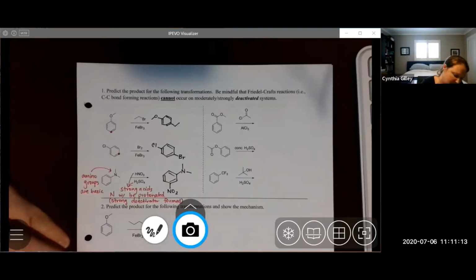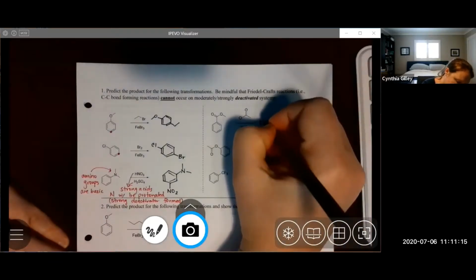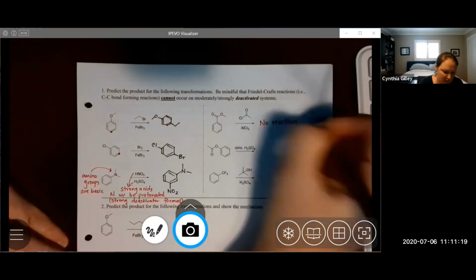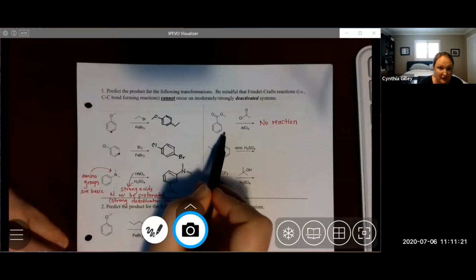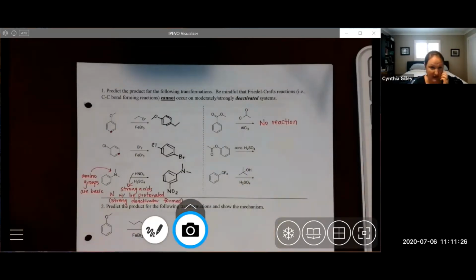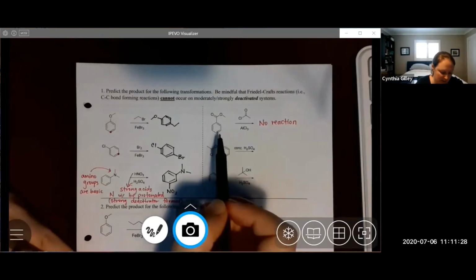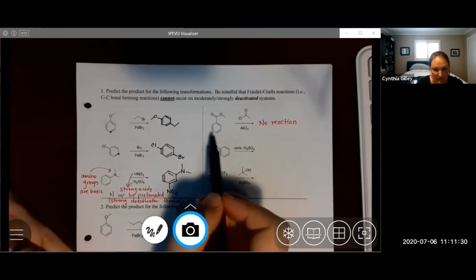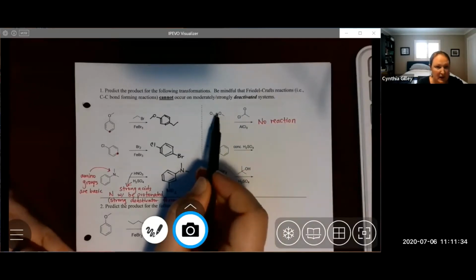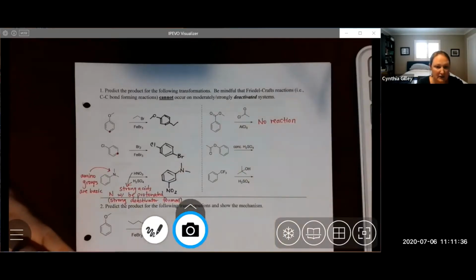So this will be no reaction. If it did form a product, the group would go in the meta position, because this is a deactivator. So there's another problem with this key. I think he ends up putting the group para and then saying no reaction. But it wouldn't go para because this is a moderate deactivator, meta director.